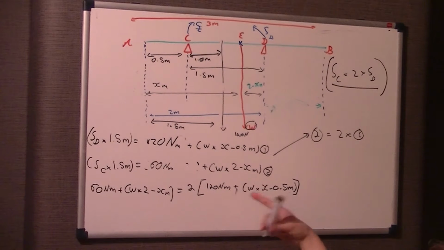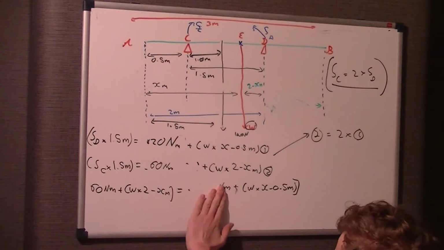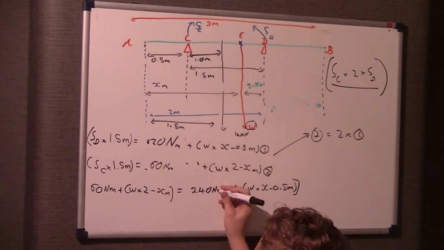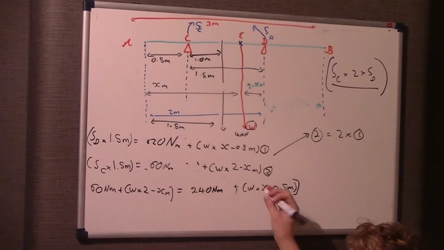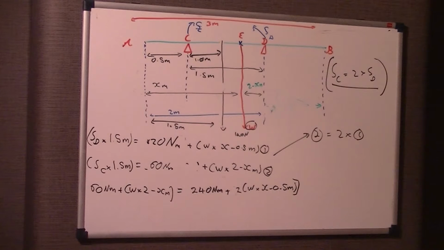Right, so the first thing you would do is expand this, because 2 times that plus 2 times that is going to be the same as 2 times all of that. Logic. So the first thing you do is 2 times 120 Newton meters, which is 240 Newton meters. Okay, and that is plus 2 times W take X take 0.5 meters.